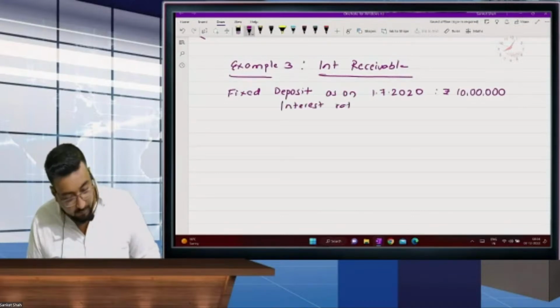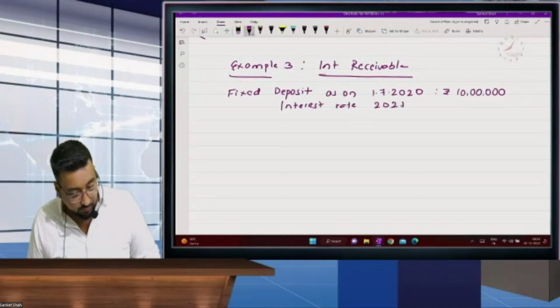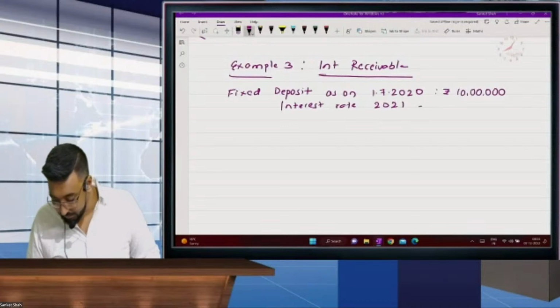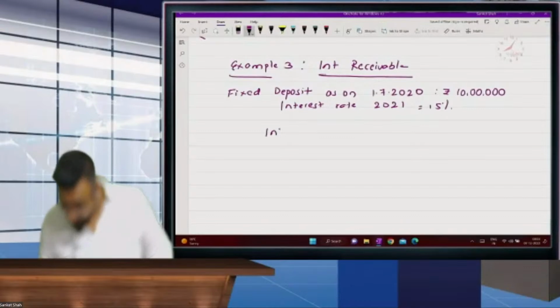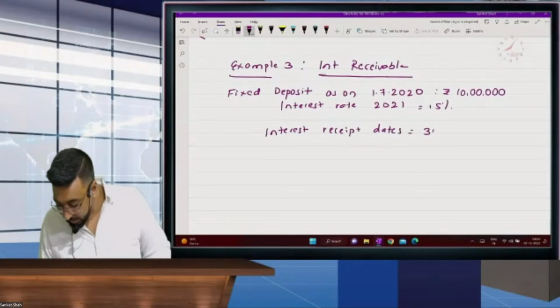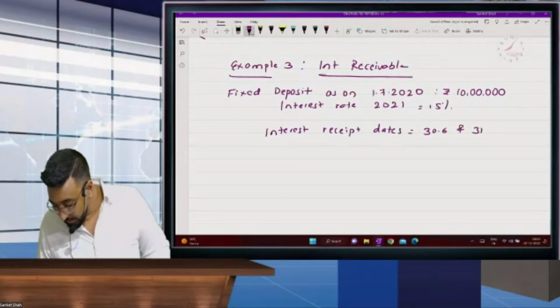Interest rate for 2021 is 15%. Interest receipt dates are 30th June and 31st December.